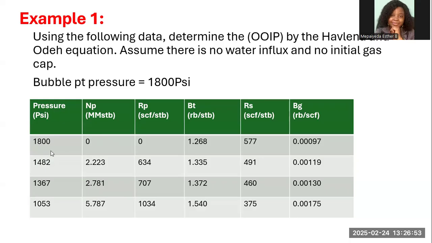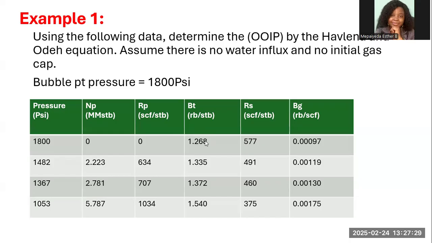Below here, it was discovered that there is evolving of gas from your oil. So here there's no oil production. All the solution gas, and other gases that may be existing within the pores of your reservoir, are also locked up within the reservoir. So there is no solution gas production, 0, at the bubble point pressure.